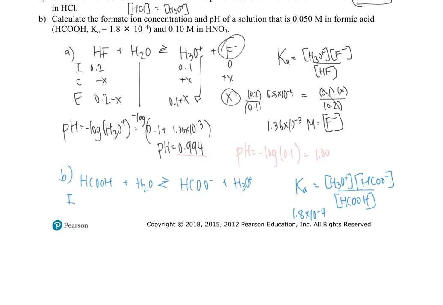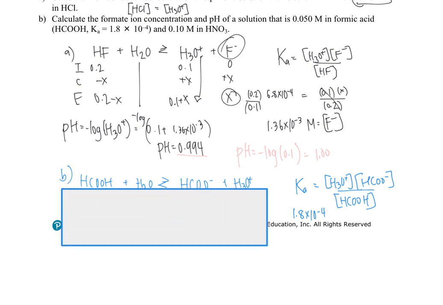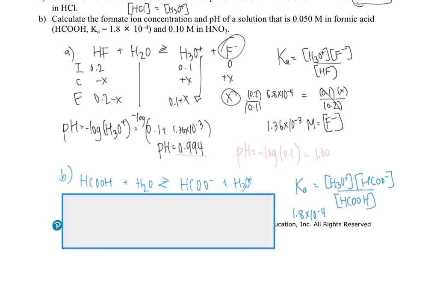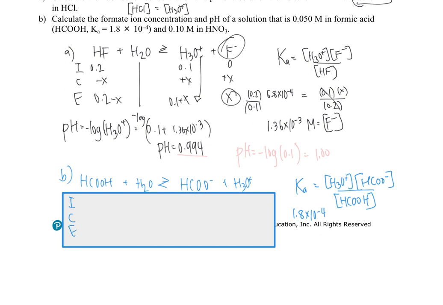So now when I fill in my ice table, let's do an ice table right here. Perfect. Okay, when I do my ice table, I have 0.05 molar formic acid, and then I don't have any formate.